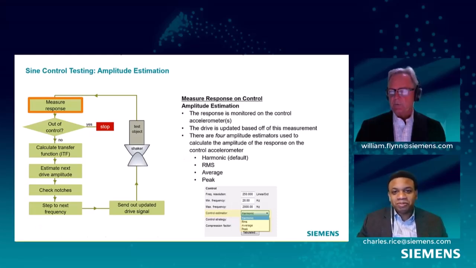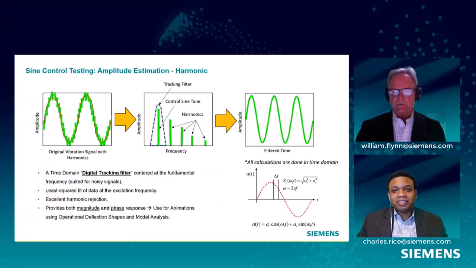I think we'll take a look at some examples of these individual estimators, and I think you'll see what I mean by that. Since we know the instantaneous output frequency, which is in red, we can use that to do the least squares curve fit of the measured response, which is in green. And so it can do a least squares curve fit to calculate the amplitude of this filtered sinusoid.